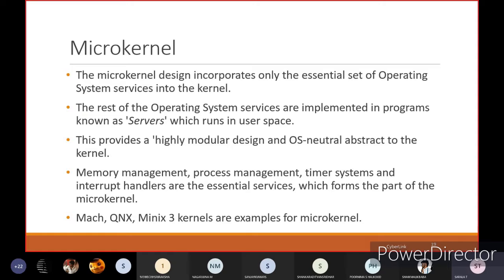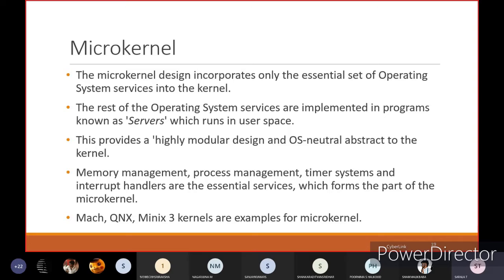The rest of the operating system services are implemented in programs known as servers, which run in user space. They won't be running in the kernel space.